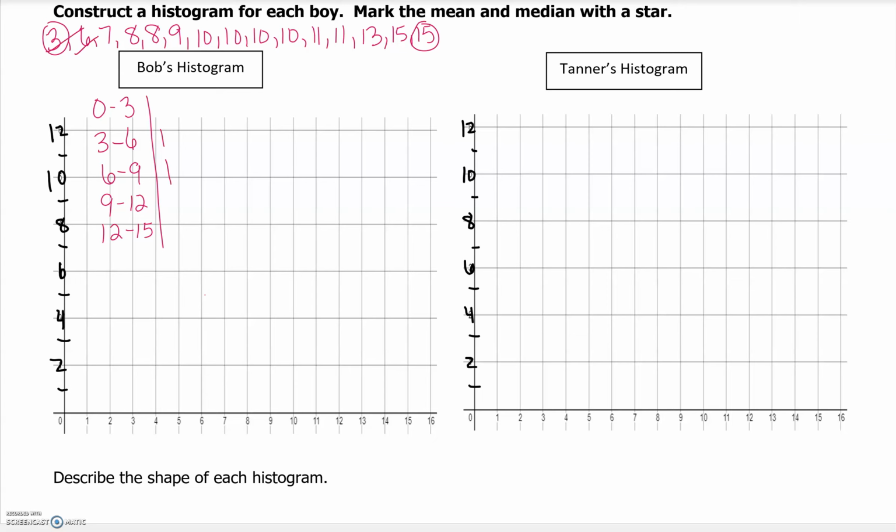I have a 7, so that belongs in this group. 8 goes in this group, and I have 2 8s, so I'm going to put 2 tally marks for 8. 9 falls between 2 groups, so I'm going to place that in the higher group. 10: 1, 2, 3, 4, I have 4 10s, so I'm going to put 4 tally marks in group 9 through 12.